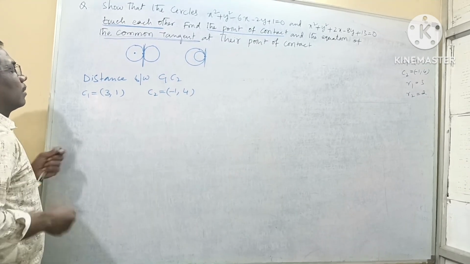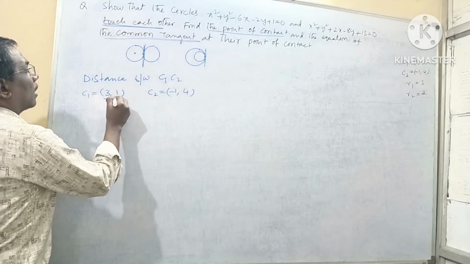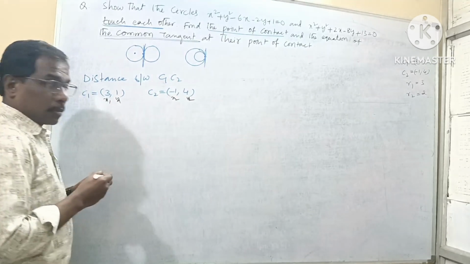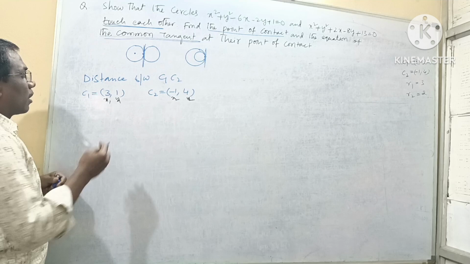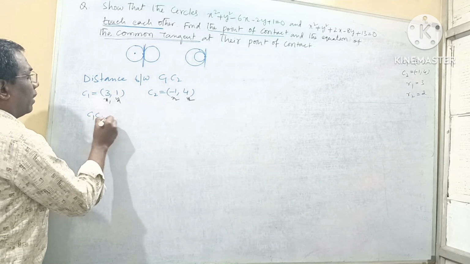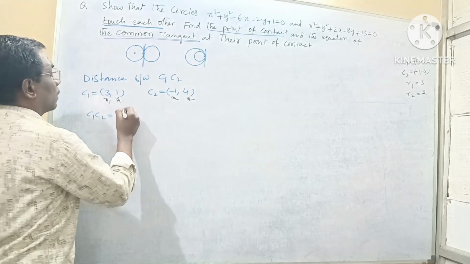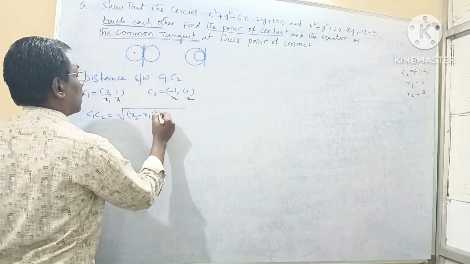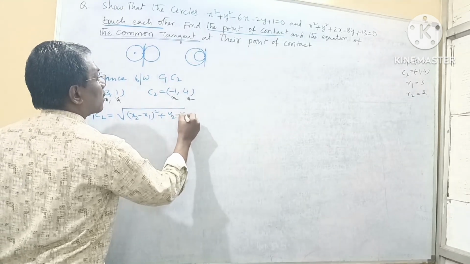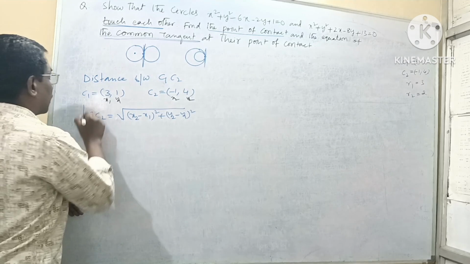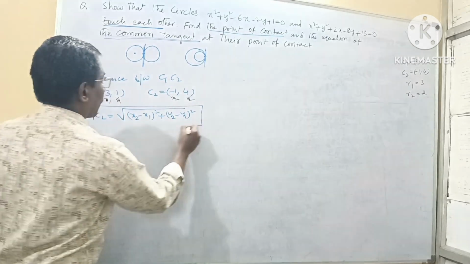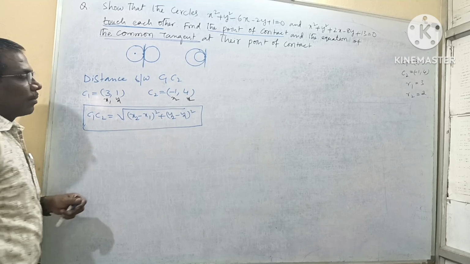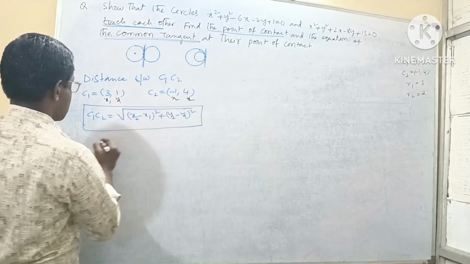Let this be x1 and y1 and this x2, y2. Write the distance formula between C1 and C2: root of (x2 minus x1) whole square plus (y2 minus y1) whole square. Now substitute the x1, x2 values and y1, y2 values.